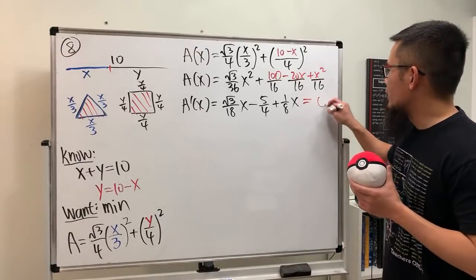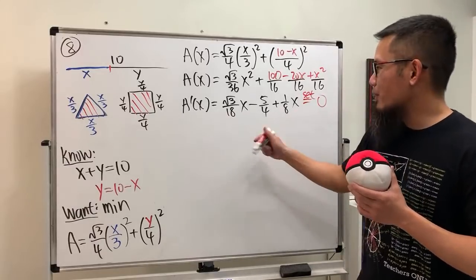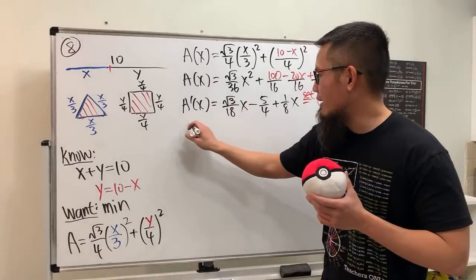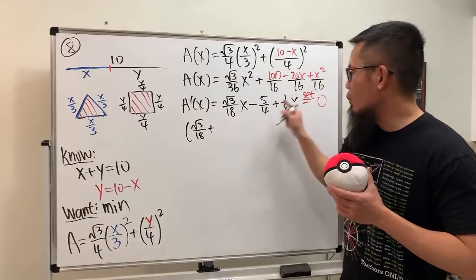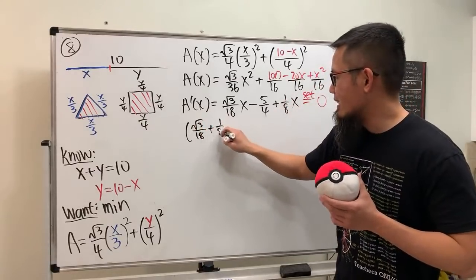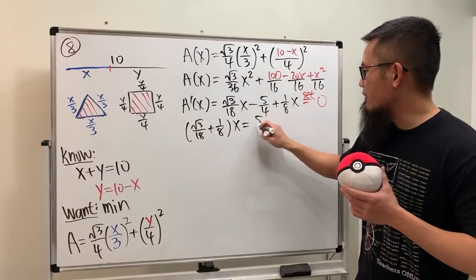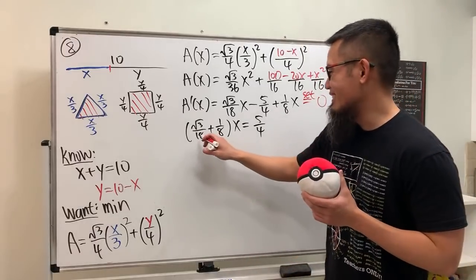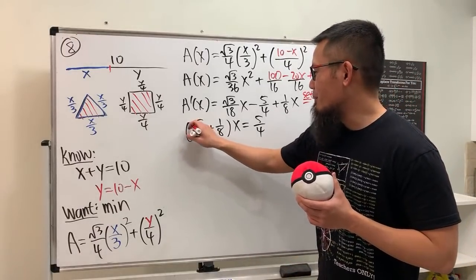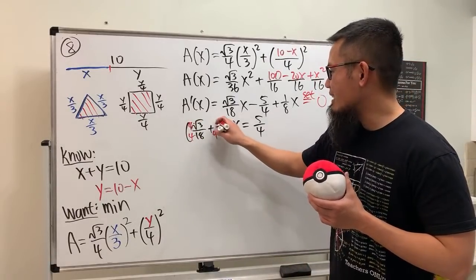Set this equal to 0. Notice they have the x term, so I'm going to factor out the x, and then we will have square root of 3 over 18 plus 1 over 8, and then x. Move this to the other side, so this is equal to 5 over 4. Now, get a common denominator, do the usual business. The common denominator is 72, so multiply this by 4 and 4, and this by 9 and 9.